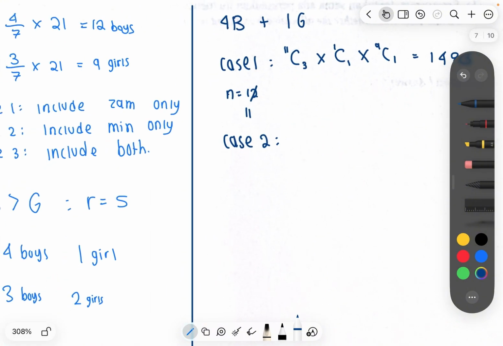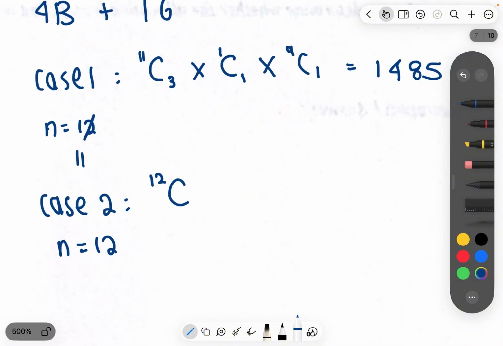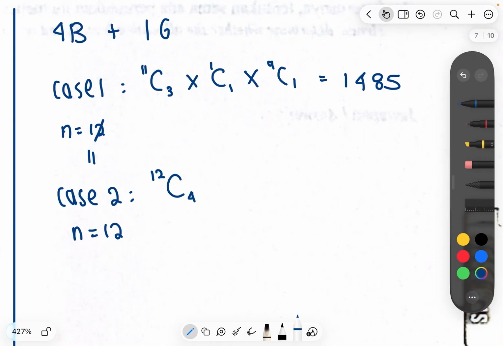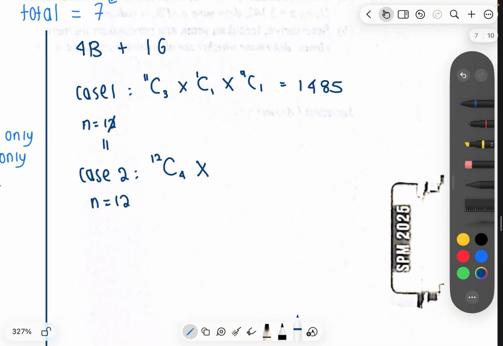Case 2, I want to include Min only. So n will be 12. So 12C4, because I don't want to choose Zam. So Zam is not chosen. Then I want to times with what? I'm going to choose Min. There's only 1 Min, and I'm choosing Min from that one.